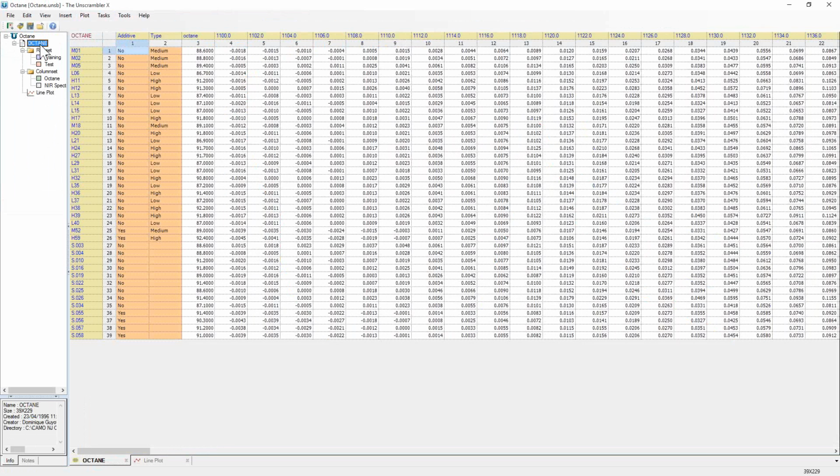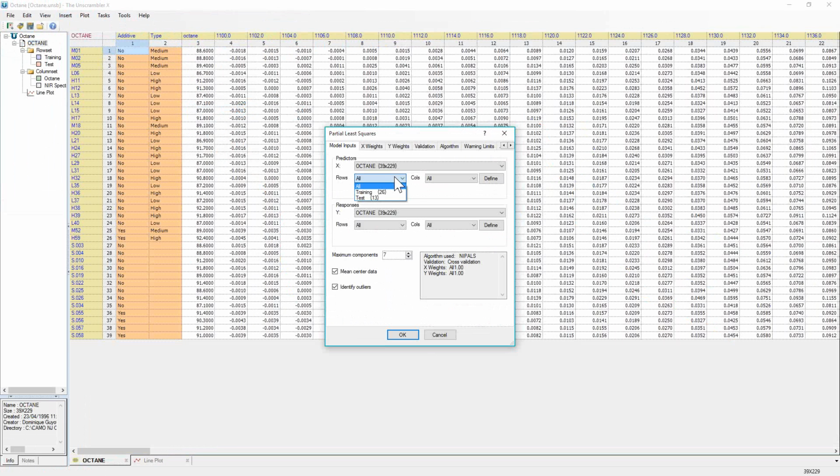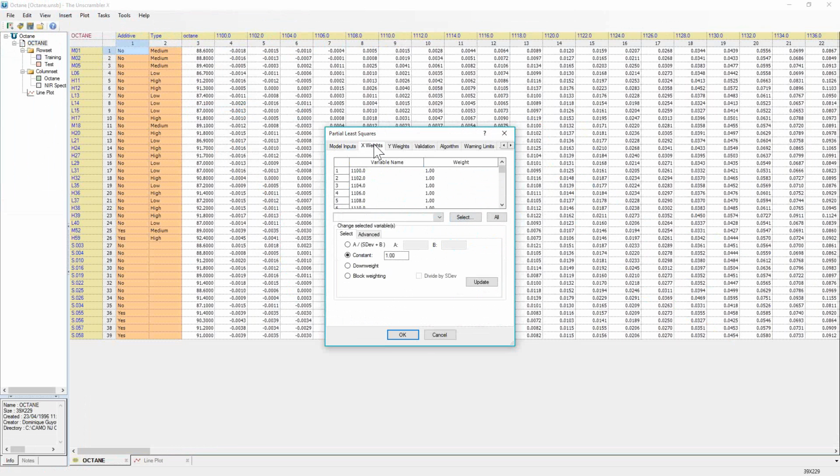So what we're going to do is analyze partial least squares. We're going to use our training data, near IR spectra, to predict our octane amount. In this case, we do not want to weight our data because the variations from one wavelength to another are actually related to each other, and they're all on the same absorbance scale, so the differences actually have real meaning.